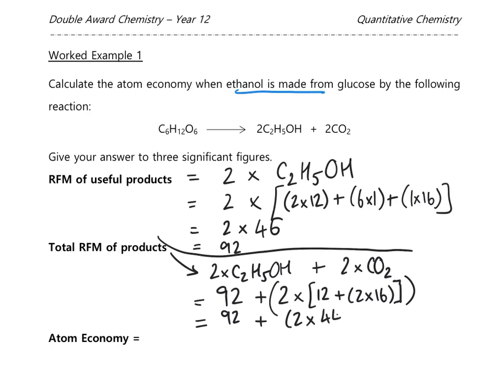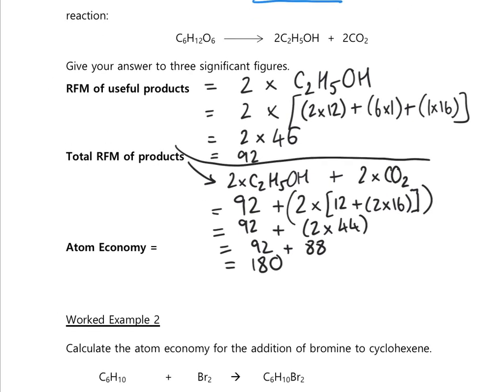Perfect. Which is going to work out then as 92 plus 88. And what does that come out as? 180. So you're just totaling up the RFM of all your products at that point. Sorry, I know I'm running a little bit underneath my working out.